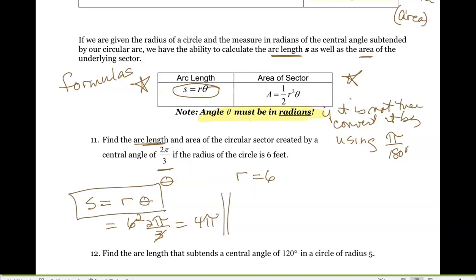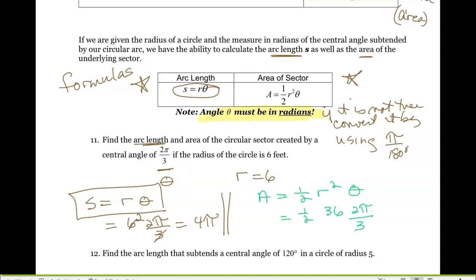So we want to figure out the area. So we're going to use area equals 1/2 r squared times theta. So 1/2 r squared is 6 times 6, which is 36, times theta, which was 2 pi over 3.